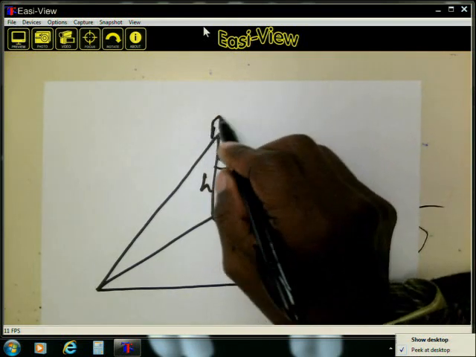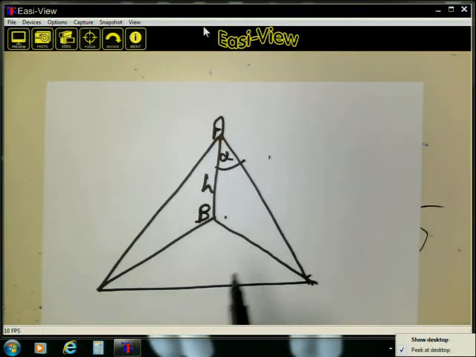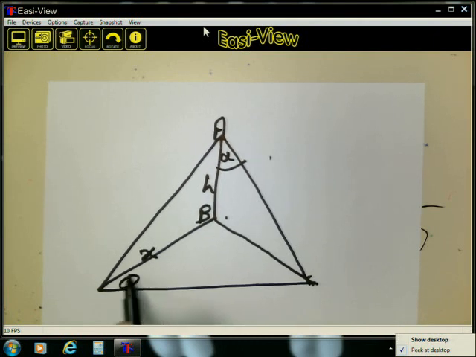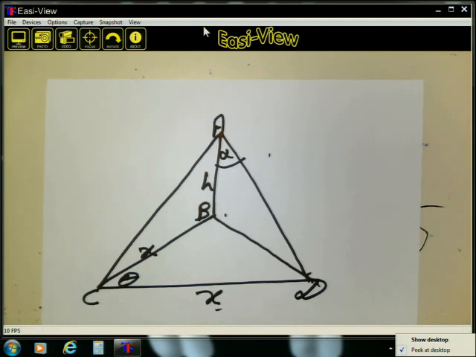This is A. This is B. This is X. The angle here is theta. This is C. This is X. And this is D. What are we required to prove?